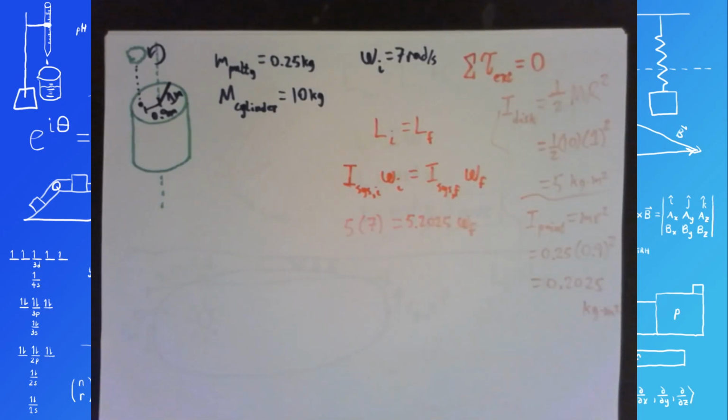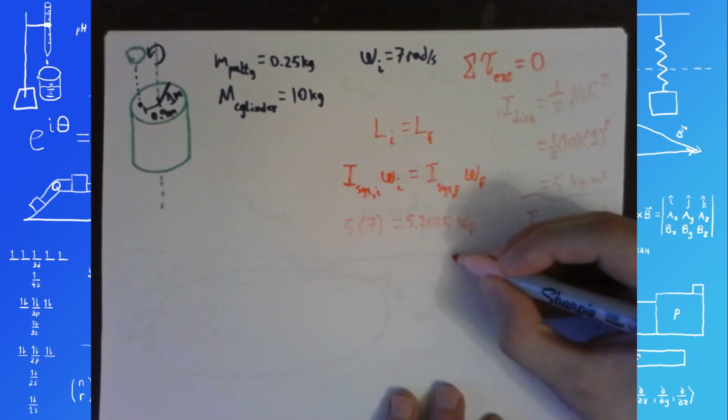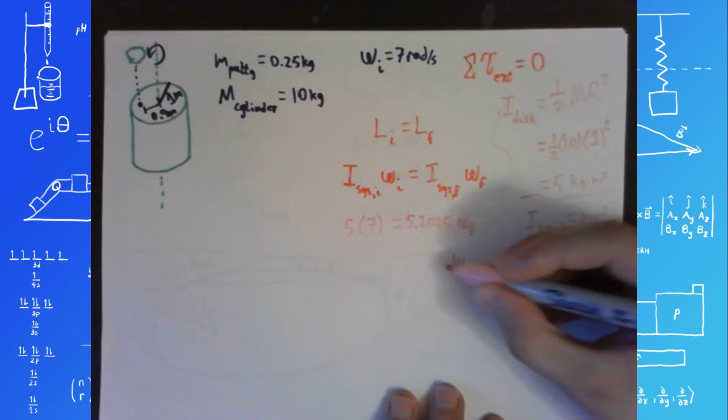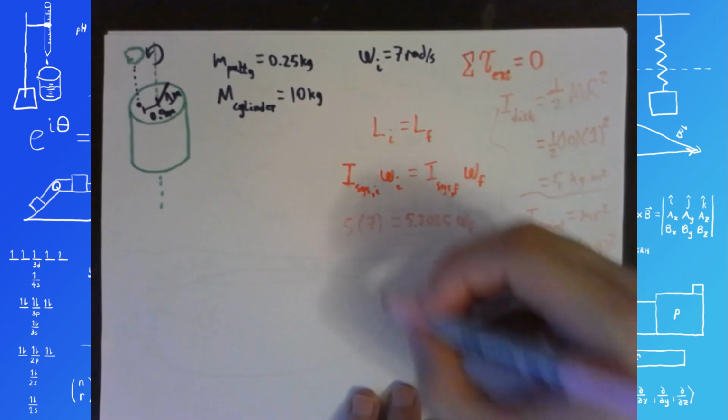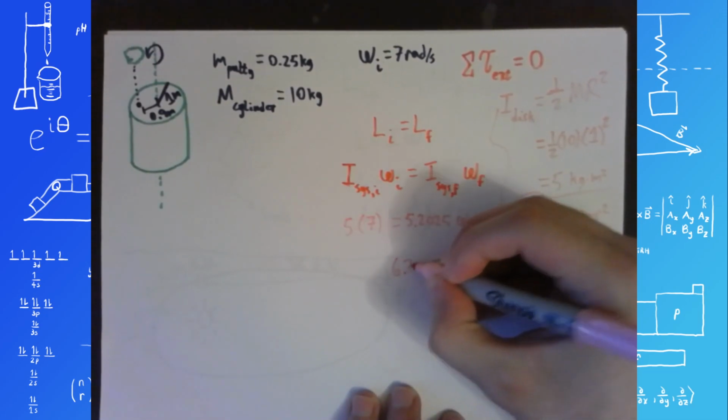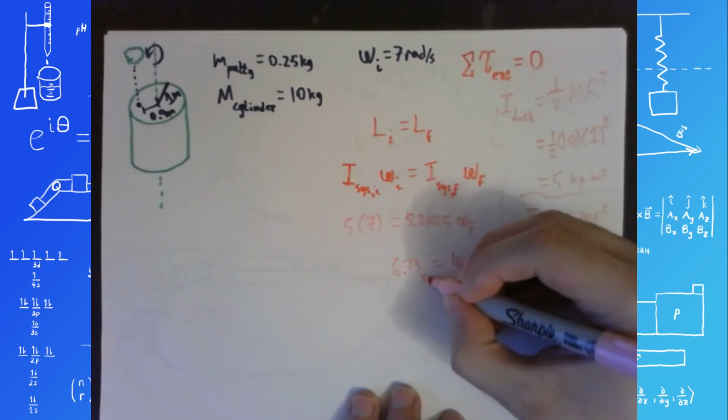Divide by 5.2025 on both sides. 5 times 7 divided by 5.2025 gives me omega final as 6.727, I'm going to say 6.73 radians per second.